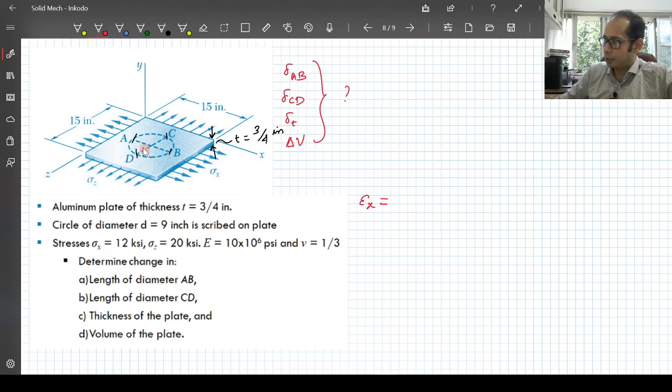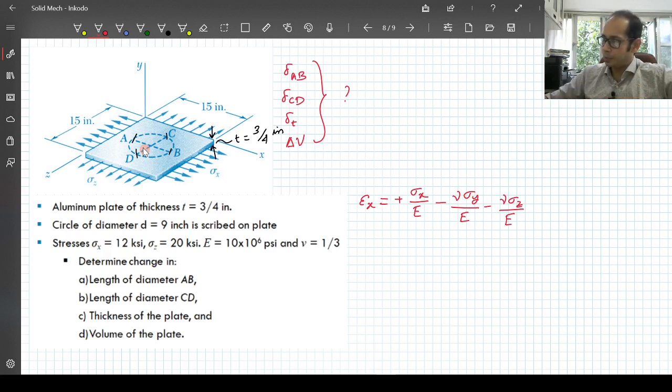So my epsilon x is nothing but a positive sigma x by E, minus nu sigma y by E, minus nu sigma z by E. Once I have written out this formulation, I can easily substitute the numbers given to me to calculate epsilon x, right?